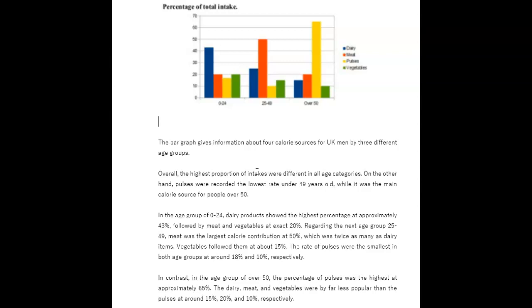And then I also would have said that, let's see, what did you write? Pulses. Okay, maybe you could have said something like the over 50 group was that which recorded the highest percentage of any particular food group, specifically pulses. Okay, that was another way of saying it.